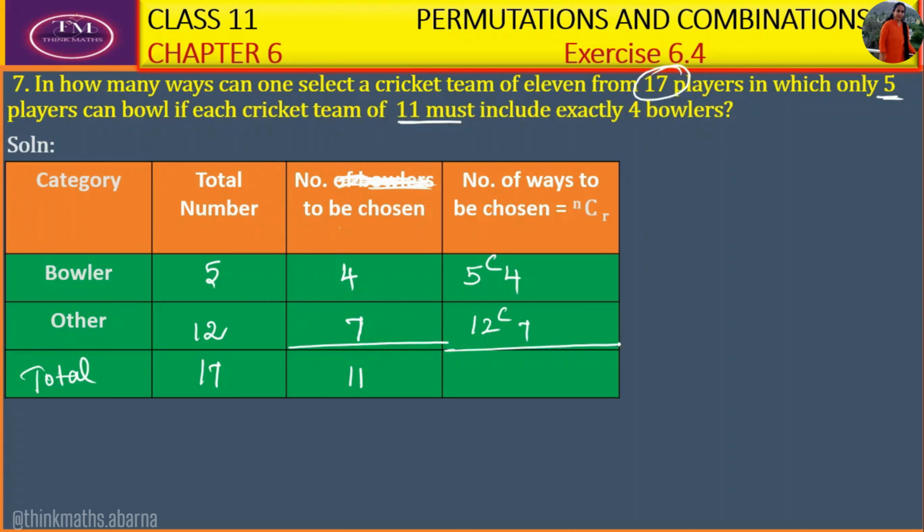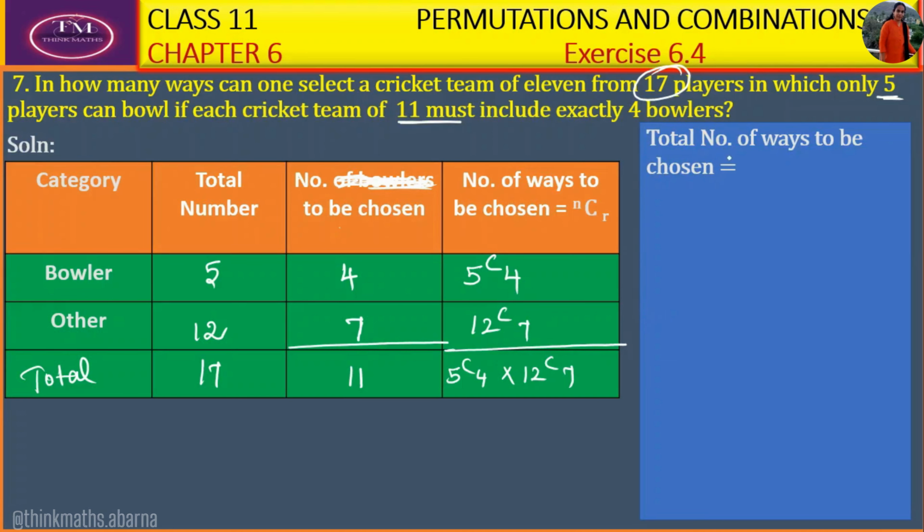So what is the total number of ways to be chosen? It is 5C4 into 12C7. Okay, we have to find out this answer.